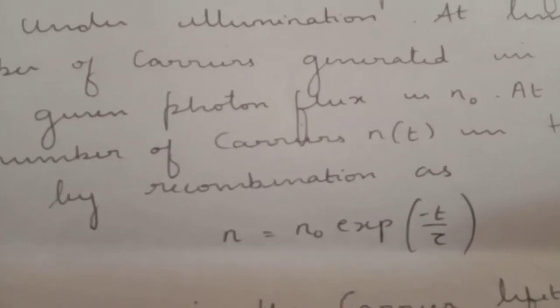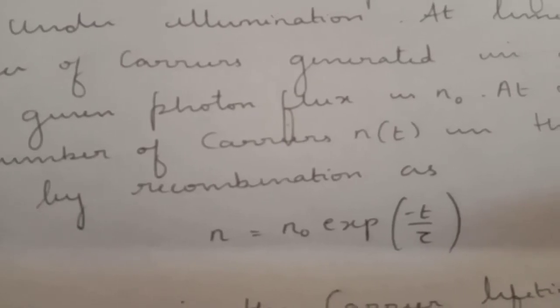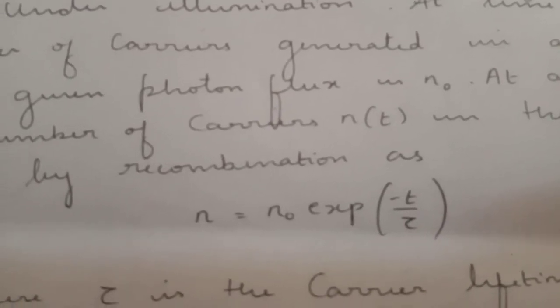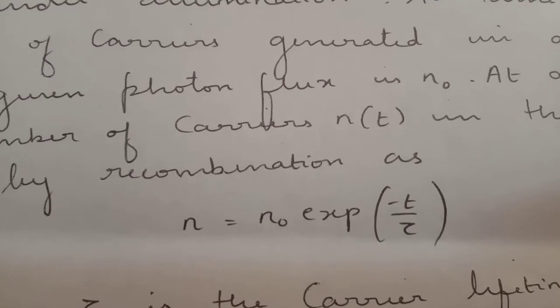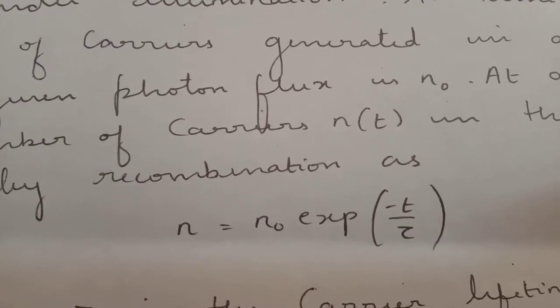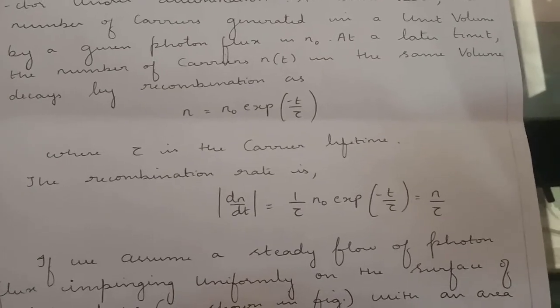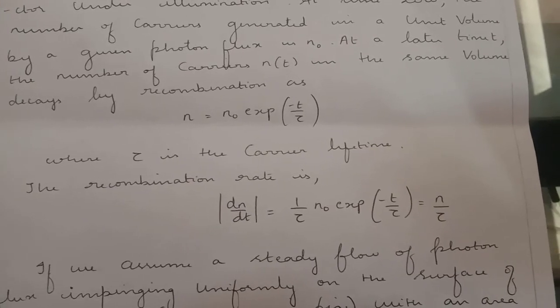Here n0 is from the photon flux, t is time, and tau is the carrier lifetime. This is the equation of recombination.